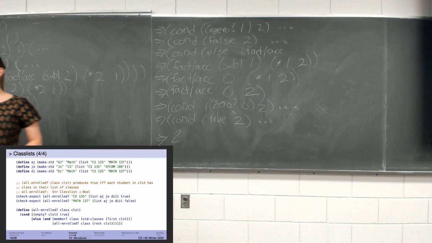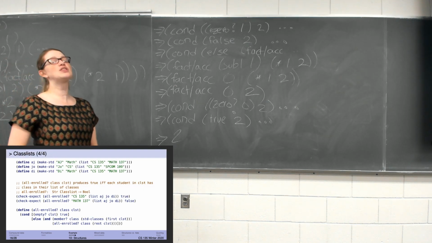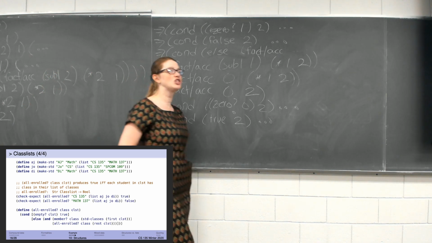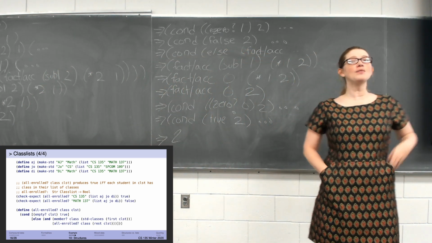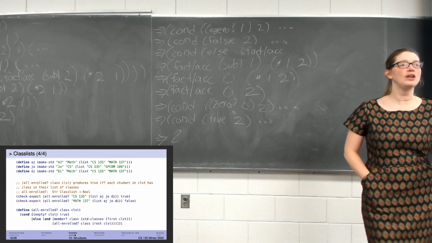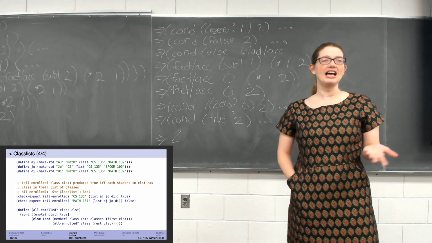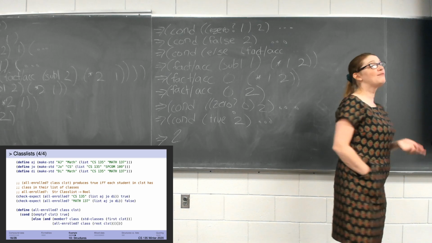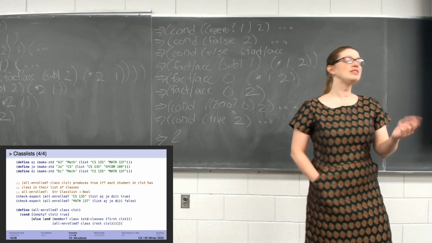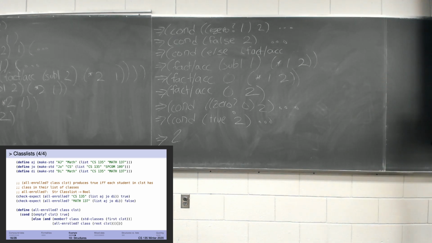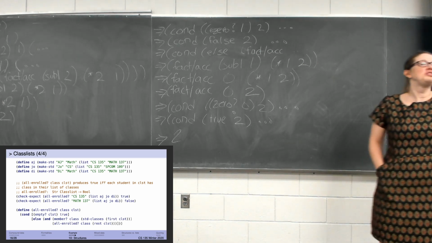The last one, of course, is validating that all of the students that are in this class actually are truly enrolled. So we want to check to make sure that every single one of you actually has CS135 in your list of enrolled classes. So we want to know if 135 is a member of your class list. And we're going to do that for every student. So if the class list is empty, we produce true because there's no students.